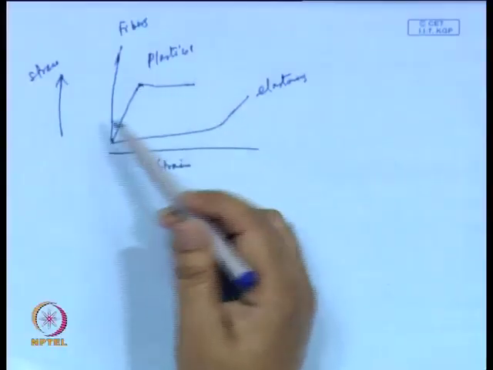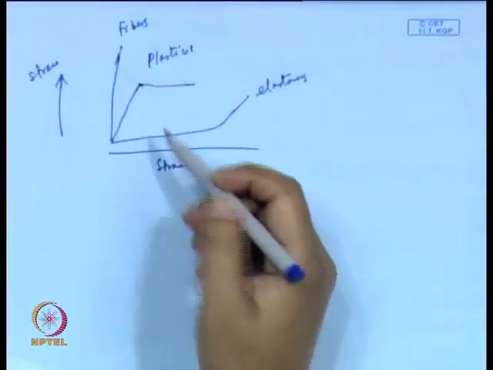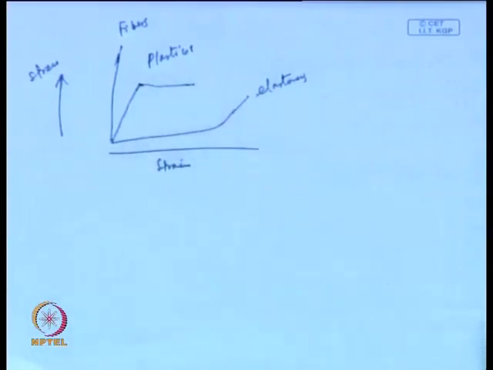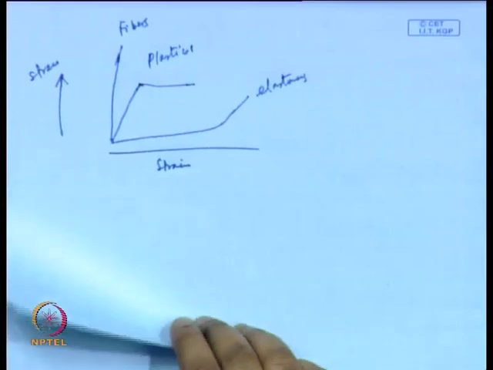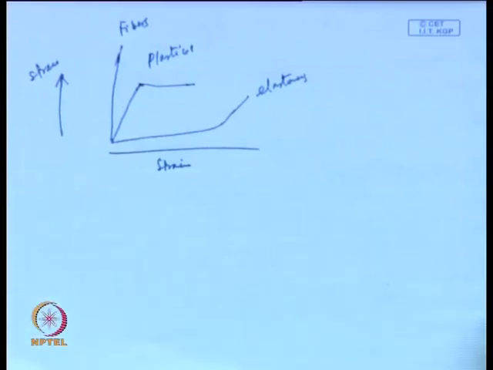So, that is the example of plastics, which give this type of stress-strain curve. We will talk about this more when we come back to the mechanical properties of polymers.